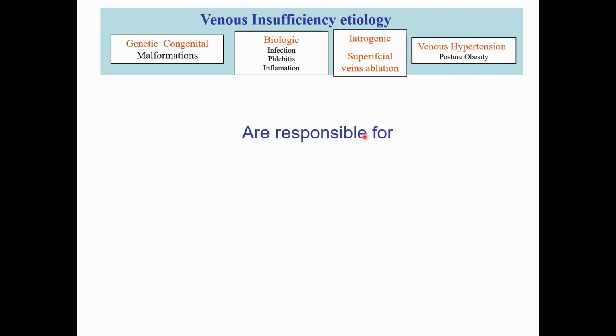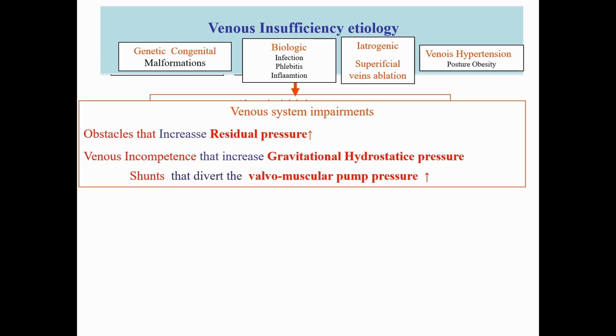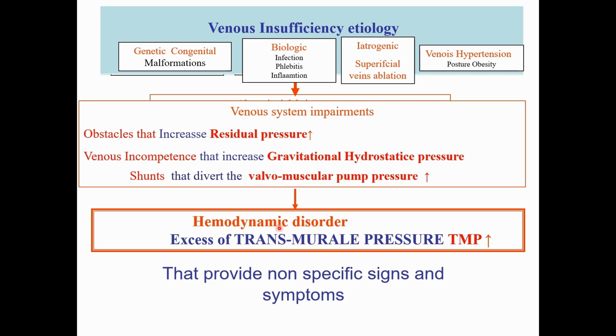They are responsible for venous system impairment, obstacle that increases the residual pressure, venous incompetence that increases gravitational hydrostatic pressure, shunts that provide maldistribution of the valvomuscular pump pressure, responsible for hemodynamic disorder by excess of transmural pressure that provides non-specific signs and symptoms.